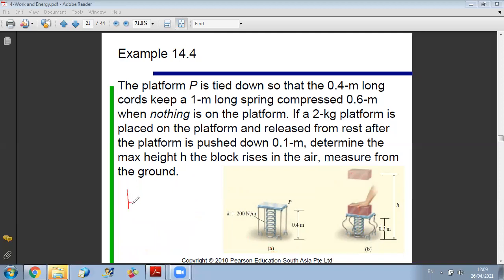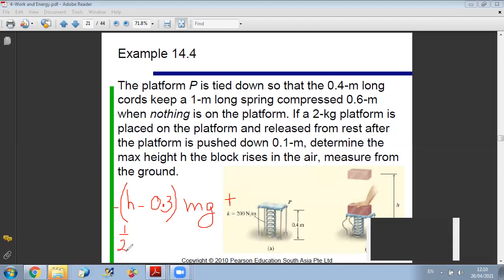So the equation will be H minus 0.3, this is delta Y, times minus W, and times minus mg. Now for the work of the spring I have plus half K. What is delta L1 square, as we saw together?